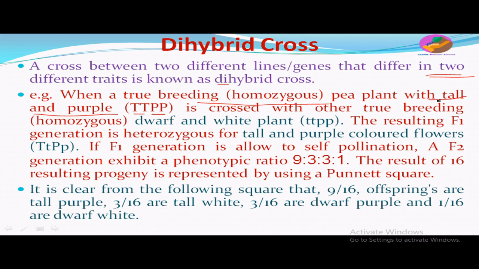The other parent is dwarf with white flowers: small t, small t, small p, small p. Both parents are homozygous pure lines. The resulting F1 will be heterozygous for tall and purple colored flowers.